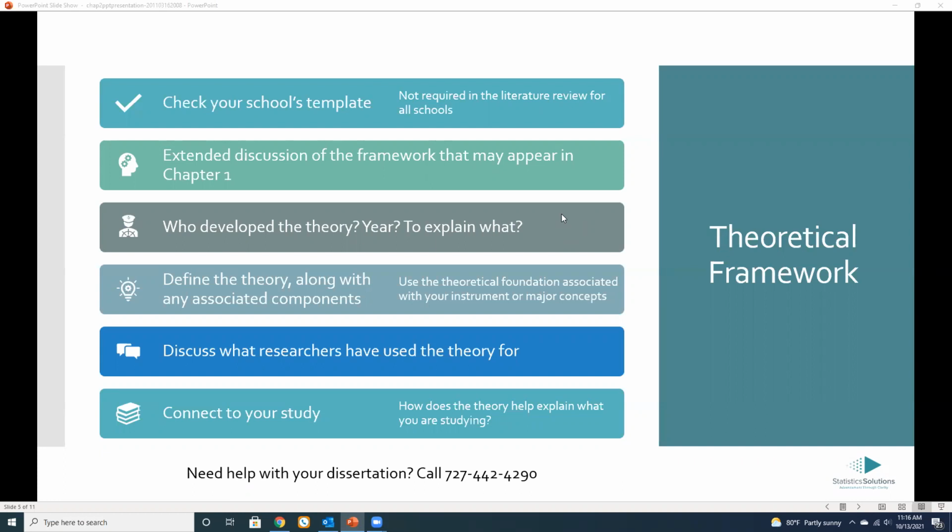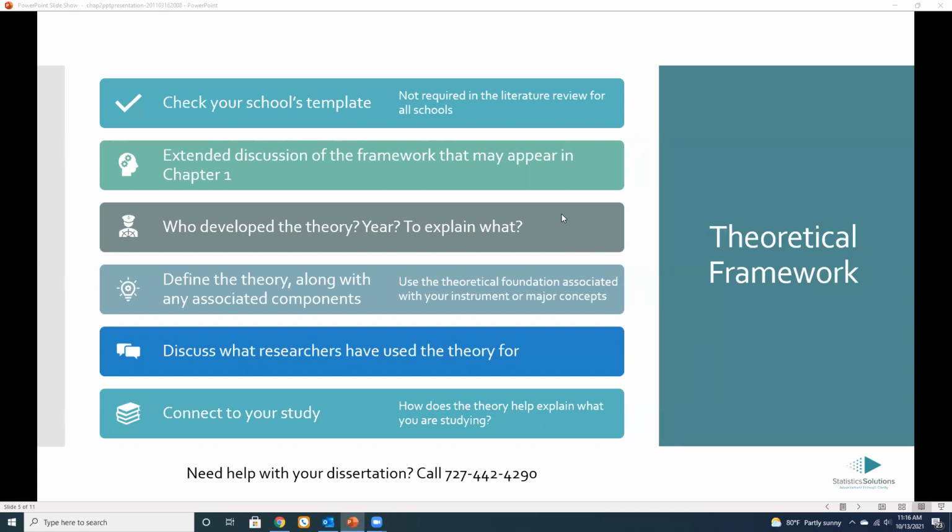So what do you do? You basically start off with a statement that says, Goleman's theory and so-and-so's theory of transformational leadership will serve as the theoretical framework for this study.